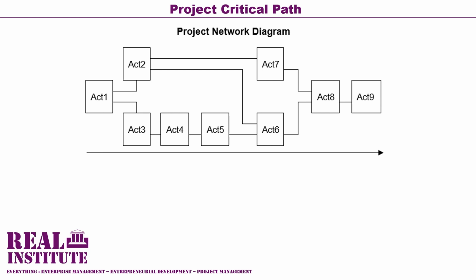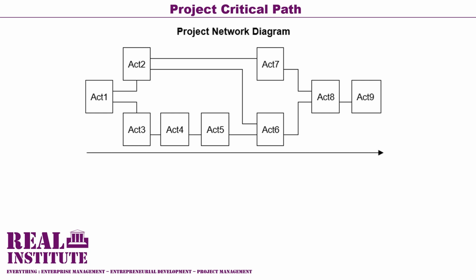As you can see in this schematic view, activity 1 has to start and finish before activity 2 and activity 3 can start. That is, both activity 2 and activity 3 have an activity 1 dependency. Also, activity 4 can only start after activity 3 has finished.